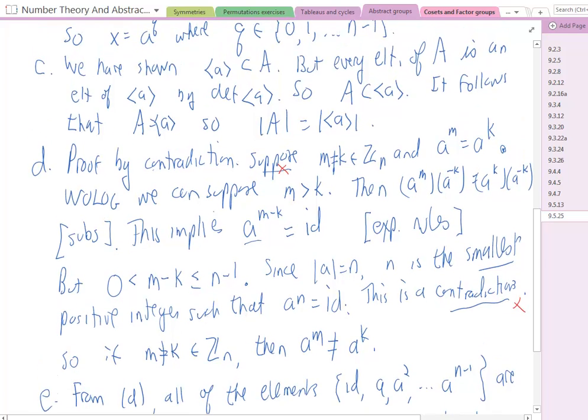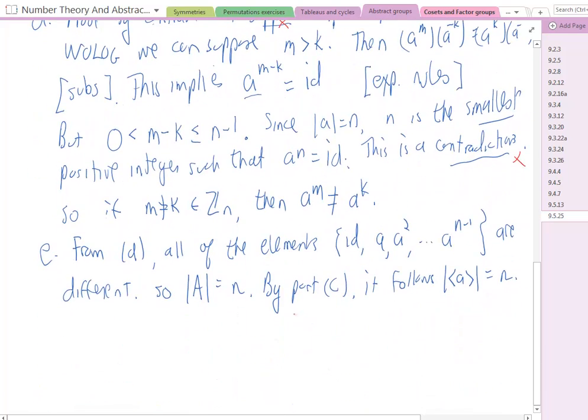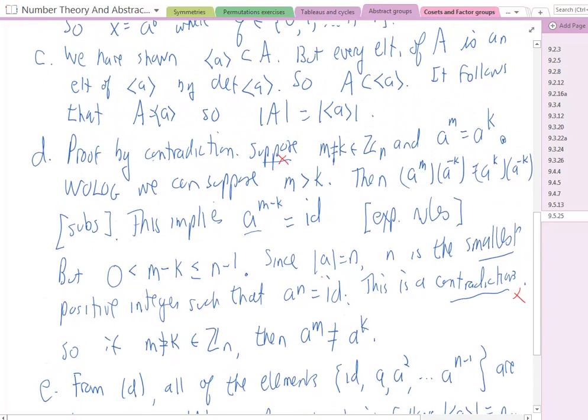And I've just shown that all the elements in this set are distinct. These are all the elements of big A. All the elements of big A are distinct, so the number of elements in big A is n. But the number of elements in big A is equal to the number of elements in the cyclic group generated by little a. That follows from part C. Look up here, part C. The number of elements in big A is equal to the number of elements in the cyclic group generated by little a.